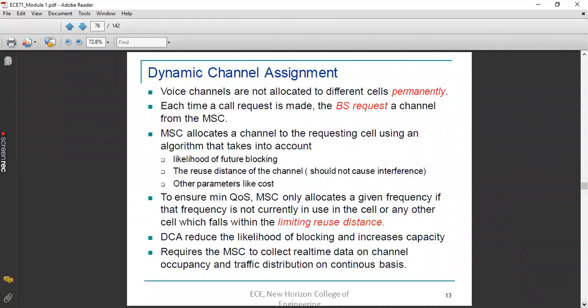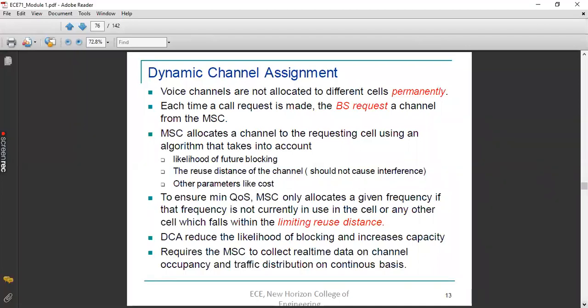Omnidirectional means you will have uniform radiations in all directions. If the antenna is mounted at the edge or corner of a cell, it will be sectored. Sectored means directional antennas, confining the radiations only to certain directions, like a sector.